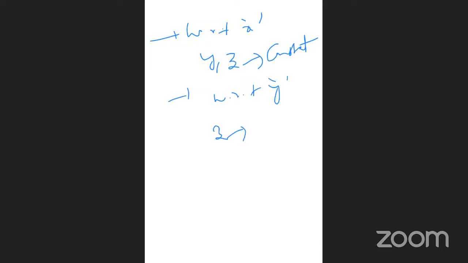Doing that integration with respect to x is the first step. Next step, with respect to y, z is a constant. At the final step, we have to do the integration with respect to z.